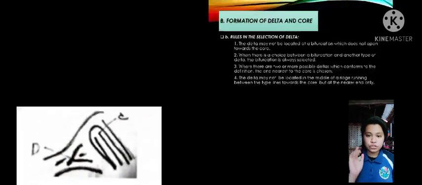So it was clearly explained that in selection of delta, kung naay bifurcation ug another types of delta, which I explained earlier, ang bifurcation is always selected, just like the picture shown above.